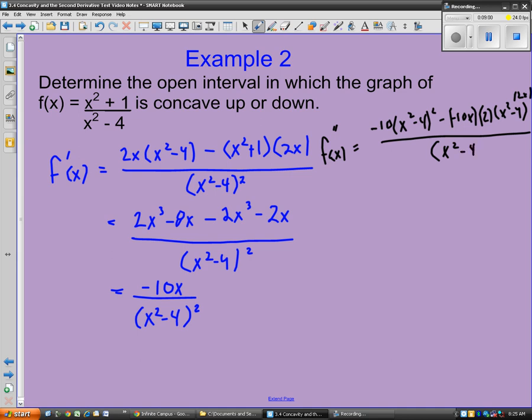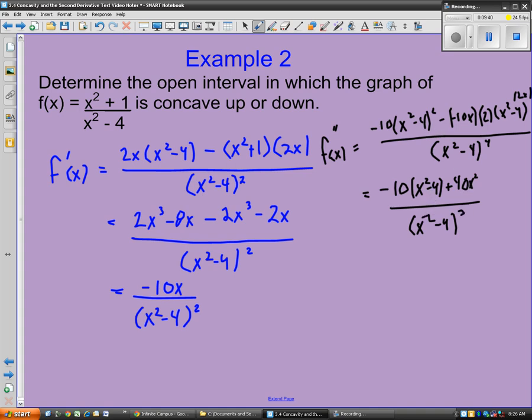And so simplifying this the best I can, you'll notice that I have an x squared minus 4 top and bottom, so I can reduce the number of those that I have. So I'm going to factor one of those out, so I'm left with negative 10 times x squared minus 4. Instead of the 2nd power, it's now to the 1st. And combining 2x times 2 times negative 10, I end up with 40x squared. And so then this is now, instead of x to the fourth, it's x cubed, because I lost one of the powers when I simplified it.